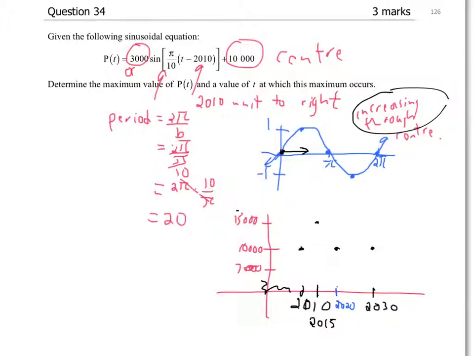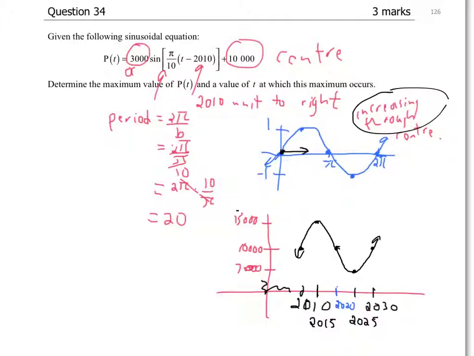And then it doesn't ask me about my minimum, but my minimum is going to occur at 2025. So let me draw a nice smooth curve here, going up, coming back down, coming back up.